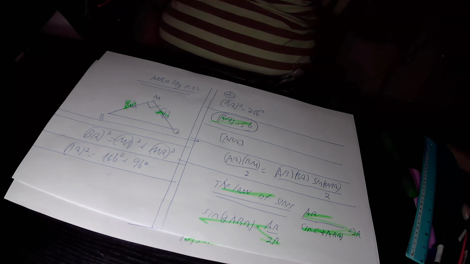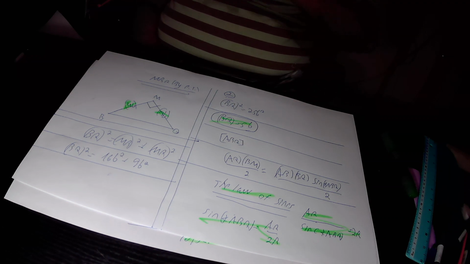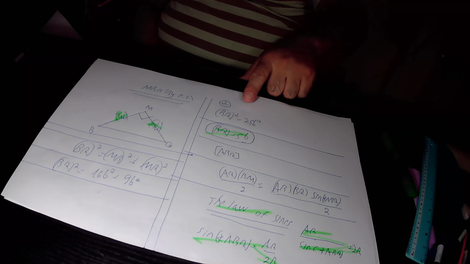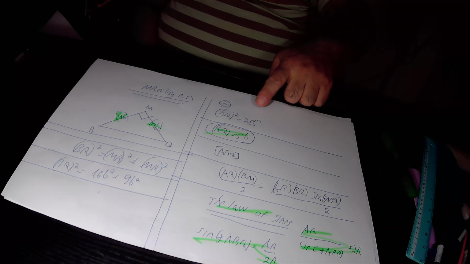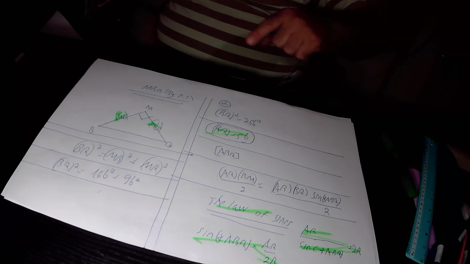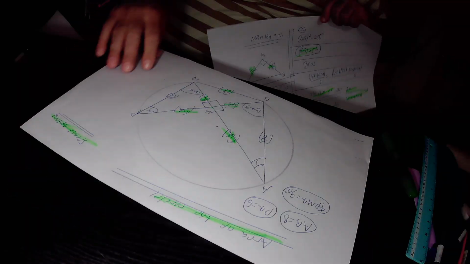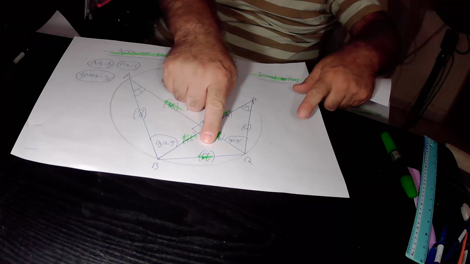So in total, we found that BQ squared equals 25b squared. So we took the square root of this equation and found that BQ equals the square root of 25, that is 5, times the square root of b squared, that is b. So in total, BQ equals 5b units in its length.